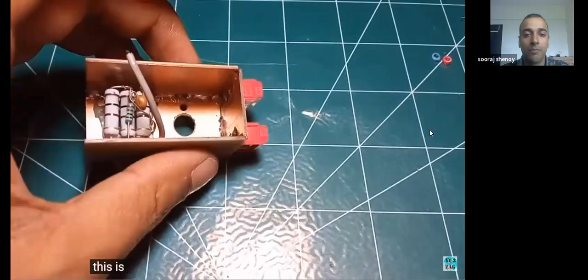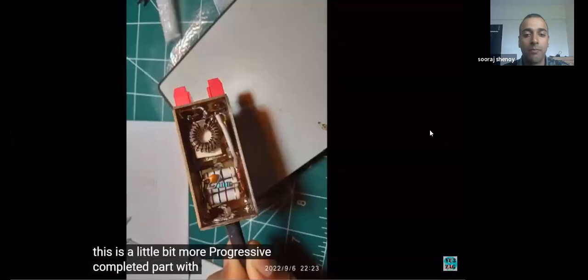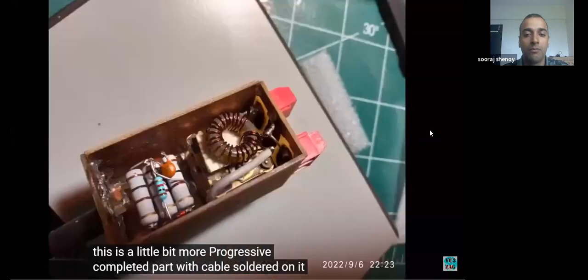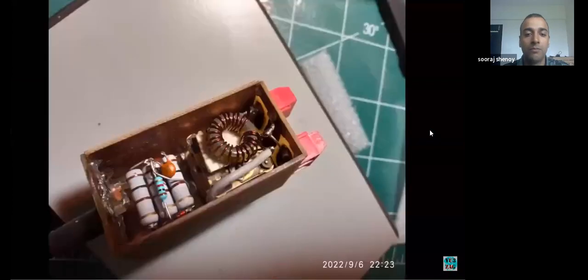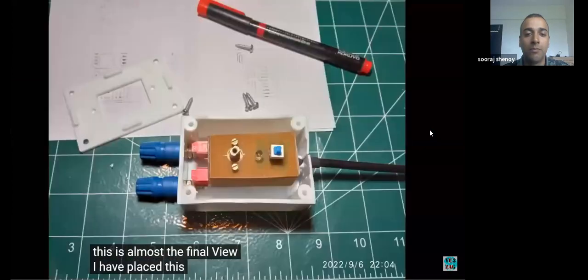This is a little bit more progressive completed part with the cable soldered on it. This is almost the final view. I have placed this inside the plastic PVC.